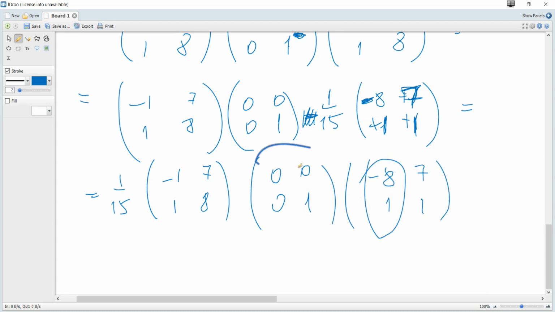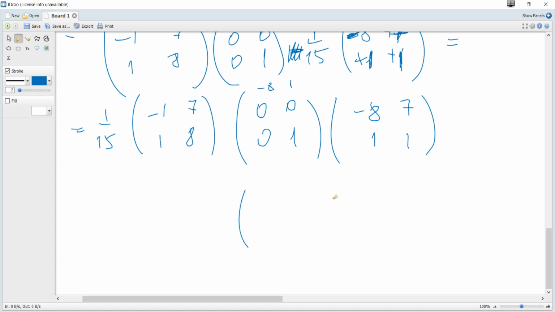So we rewrite it in a row and multiply, so negative 8, 1, it becomes negative 8 by 0 plus 1 by 0, 0, negative 8 by 0 plus 1 by 1, 1. Next this 7, 1, again 7 times 0 plus 1 times 0, 0, 7 times 0 plus 1, 1. And now multiply by this.